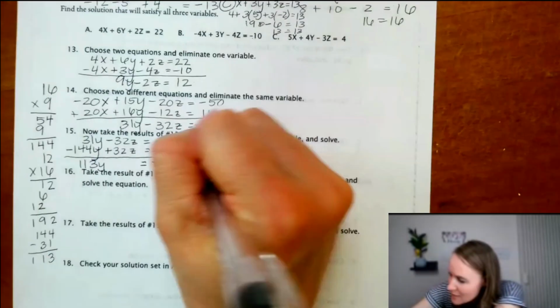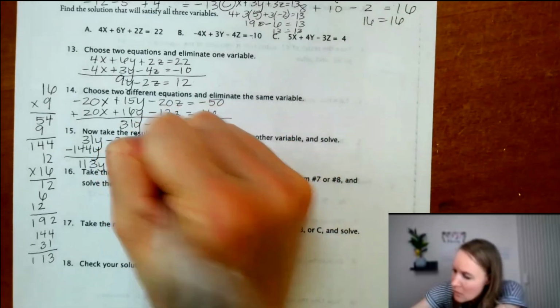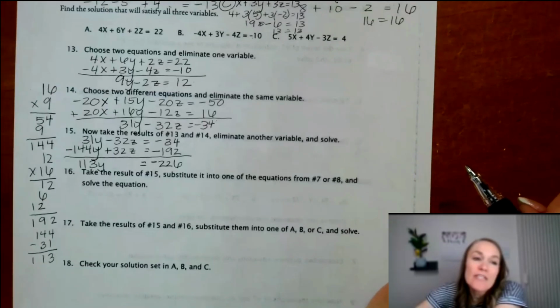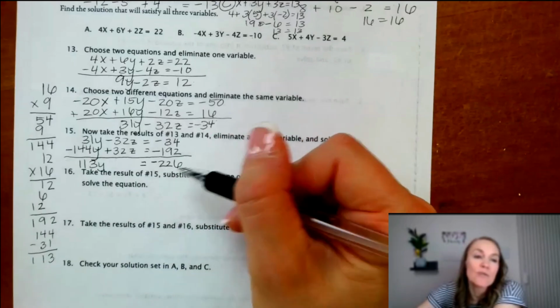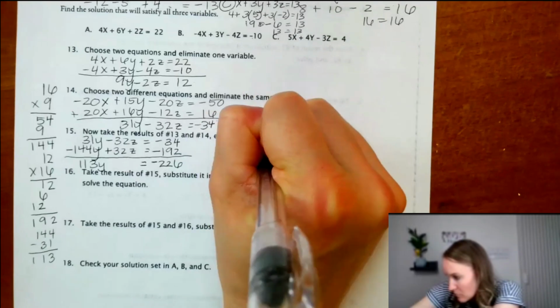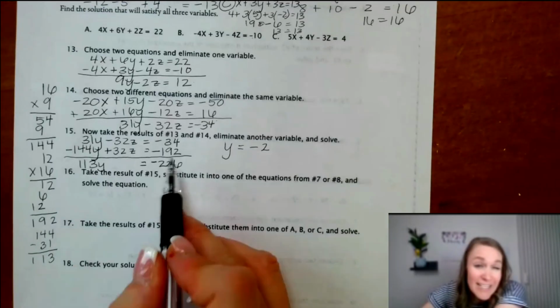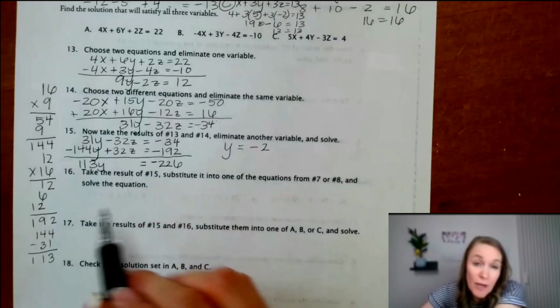So I've got 6, and then 12, so 22. Okay. 113y equals negative 226. So y is negative 2. I was thinking in my head, 113 times what is negative 226? Oh, that's double 113, so it has to be y equals negative 2.